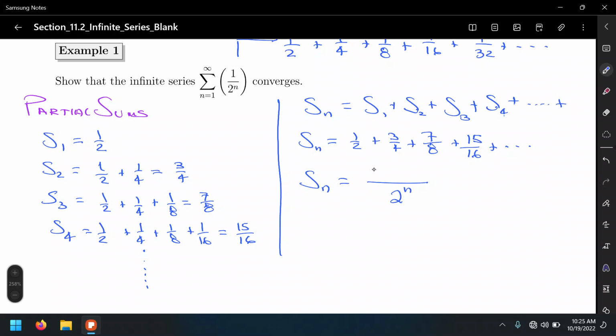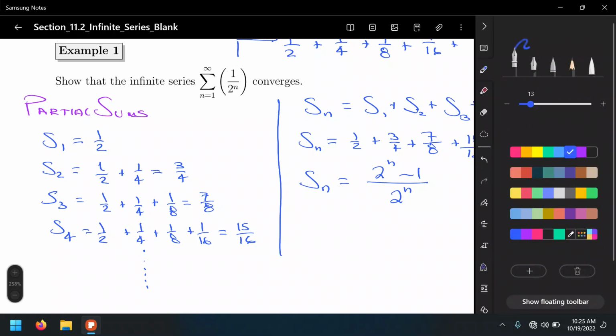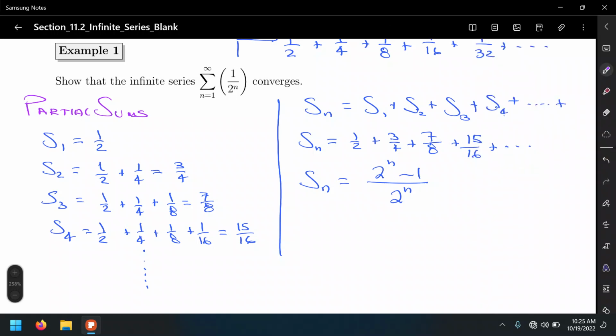It's 2 to the n minus 1, because if you look at these numbers in the numerator, this is basically 2 minus 1. This is 4 minus 1, this is 8 minus 1, this is 16 minus 1, and those numbers 2, 4, 8, 16 are the same numbers in the denominator, right?